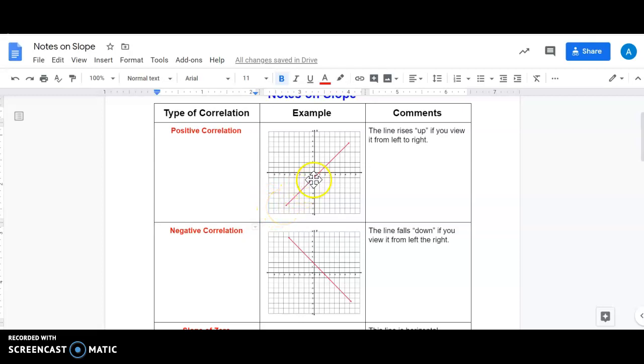Does this hill take you up? If so, it's a positive correlation. Now again, if I start at the left of my graph and I get to a hill and this hill takes me down, that's going to be a negative correlation. So keep that in mind as you are looking at these and saying, oh, I have a positive correlation, or oh, I have a negative correlation from what you are witnessing.